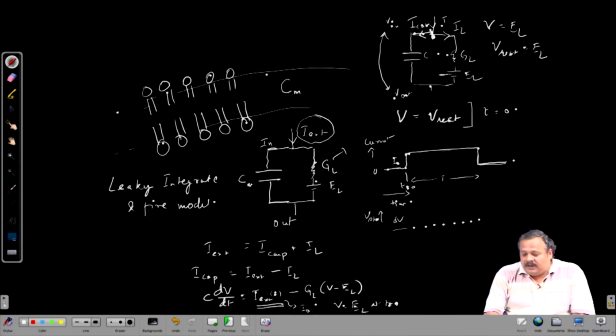Depending on the duration capital T, it may hold the voltage for a long time at that value and then drop, or otherwise it can increase only halfway or some way up, if the current starts to drop here, then the voltage would rise not all the way, but some of the way, and then drop to the V rest or E L.